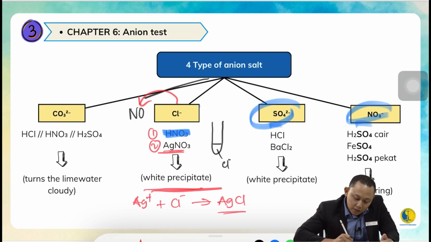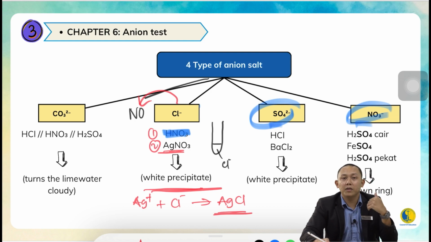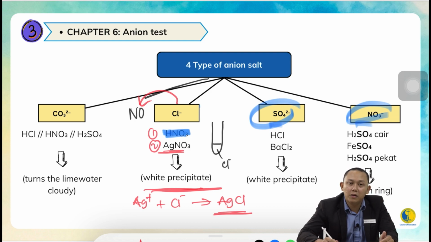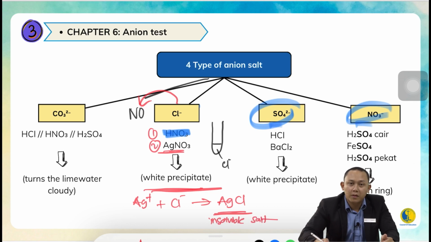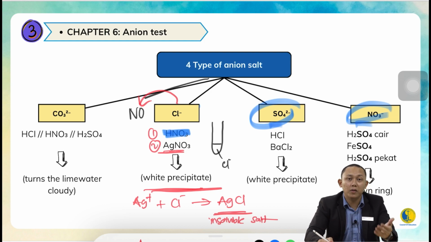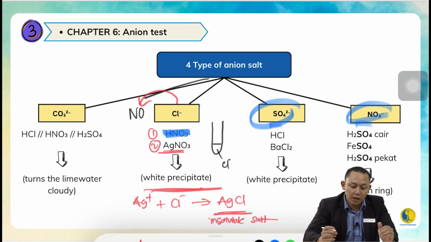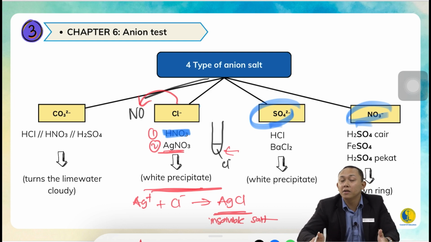If you recall back on our previous lesson, silver chloride is an insoluble salt. So that's how we know that inside your unknown salt just now contain a chloride ion. Let's say this one contain nitrate, example. So your nitrate will react with the silver, so it will produce a silver nitrate.